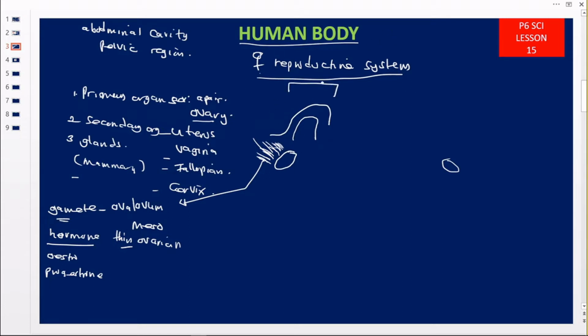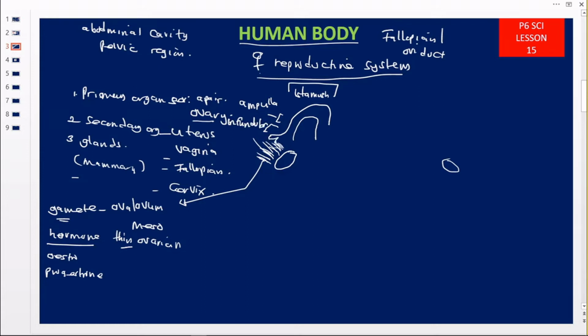We can also call it the oviduct. This oviduct has regions. This solid part here is what we call the ampulla, and this one is what we call the isthmus. Then here there is the funnel-like structure, which receives the ovum on its release. This funnel-like structure is what we call the infundibulum.